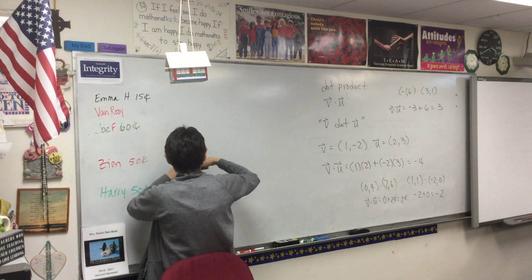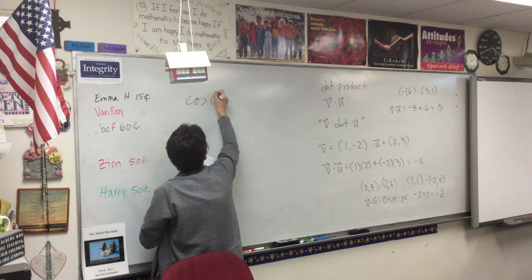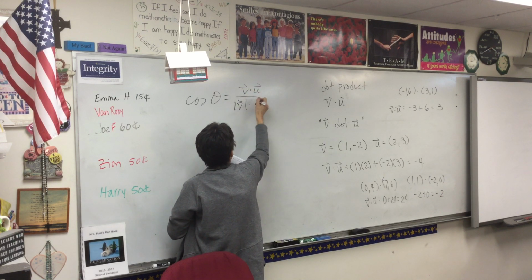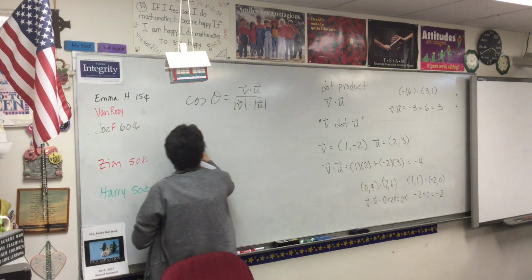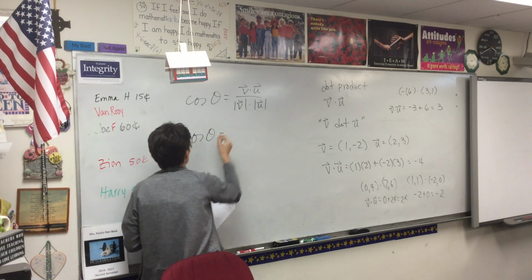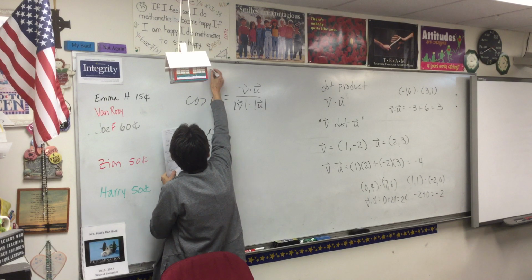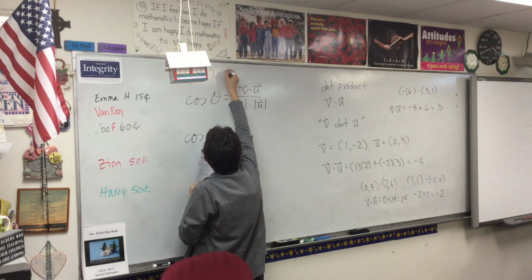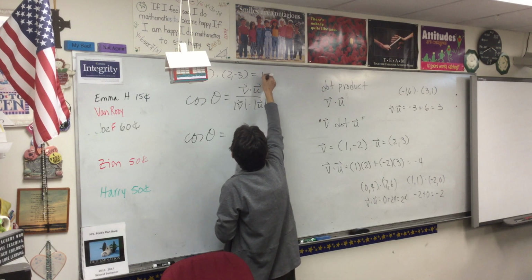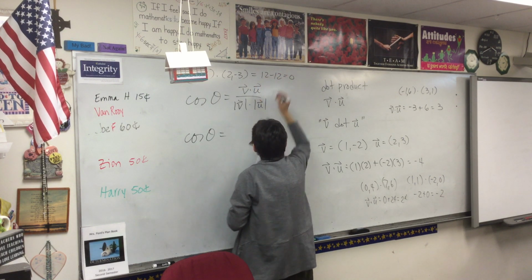We know the formula we're going to use is the dot product divided by the magnitude times the magnitude. The vectors are 6, 4, and 2, negative 3. And when you did the dot product, you got 0.